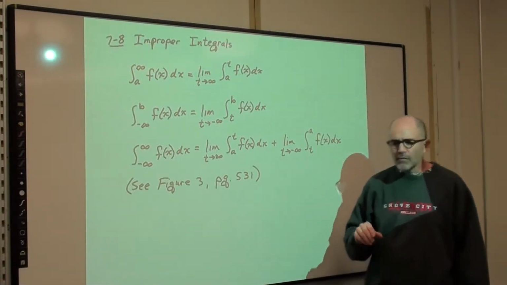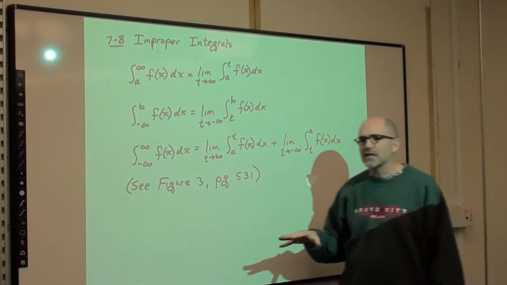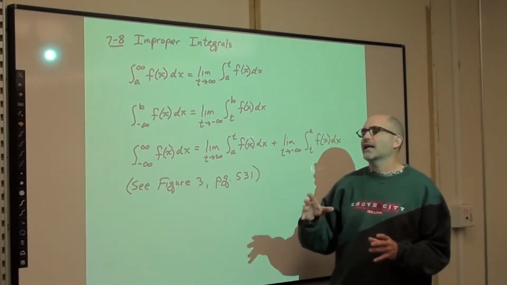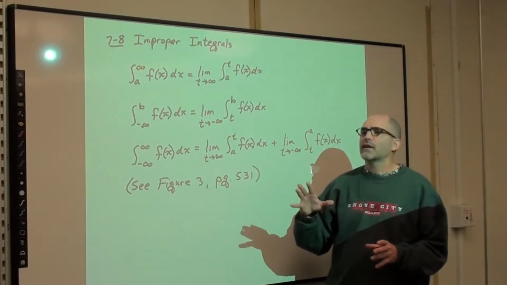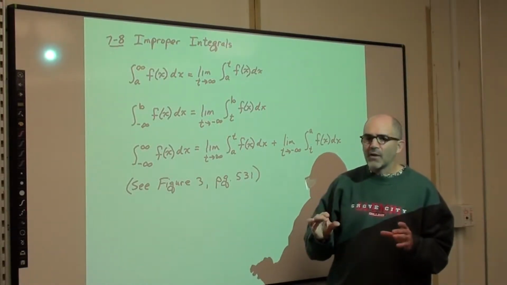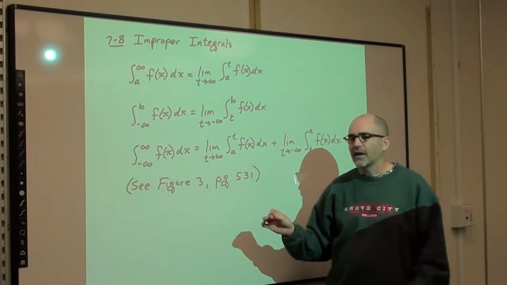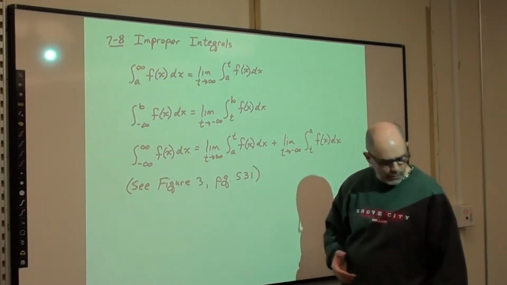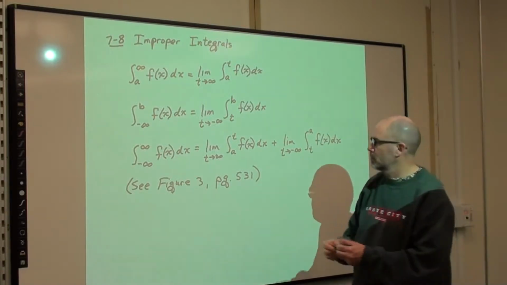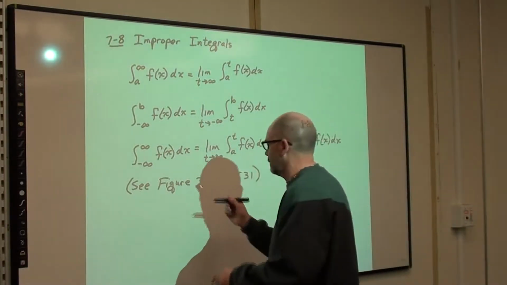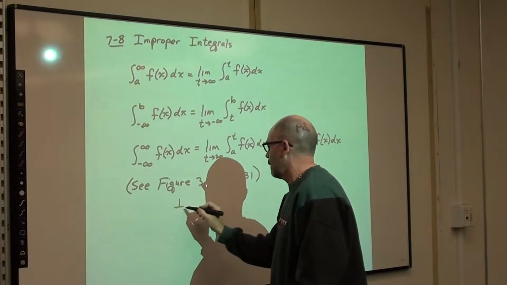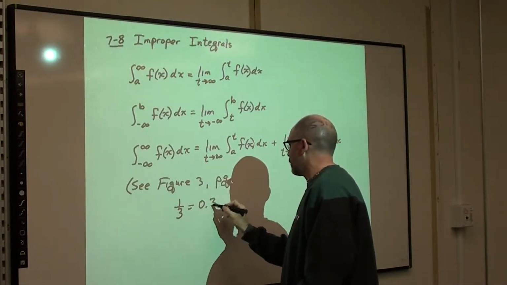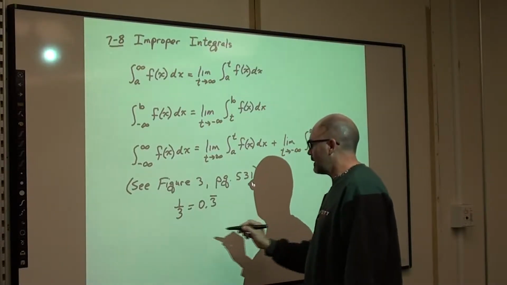Now, it's a little bit strange to think that you could have a finite area that goes on forever. But if you think about 1/3, it equals 0.3 repeating. So what does that mean?